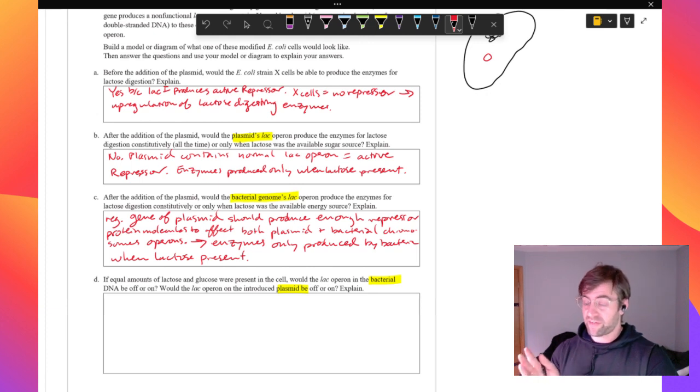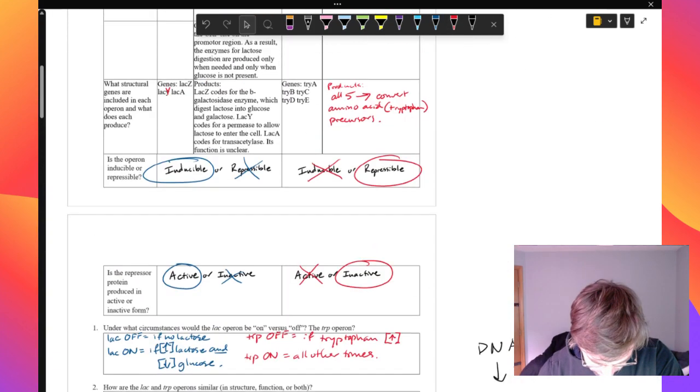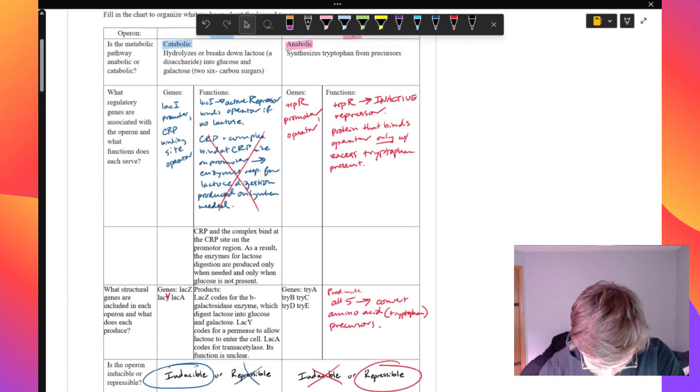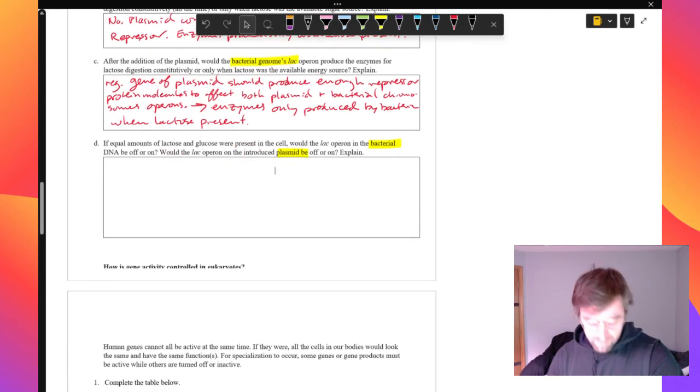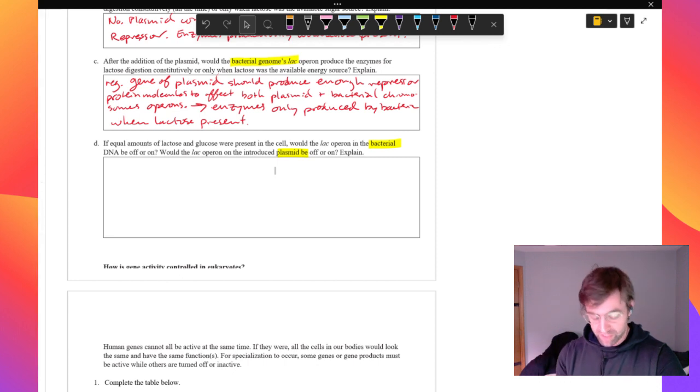We talked earlier about the fact that the lac operon has two mechanisms for control. One is lactose present, and the second one was that cAMP complex with CAP, which is activated when glucose is present. So if they're in equal concentration, what happens?